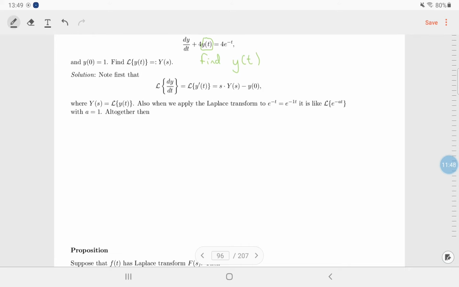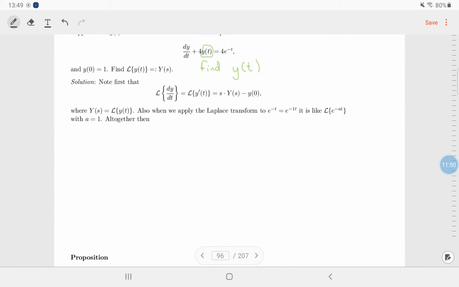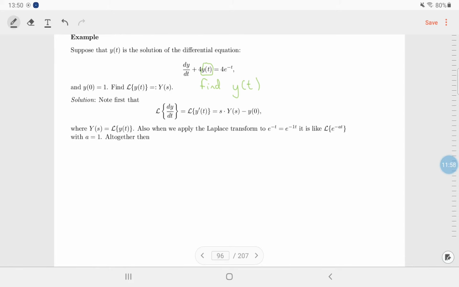We're going to apply the Laplace transform to both sides of this differential equation. I'll do the first line up here. If these two things are equal, I can take the Laplace transform of both of them.